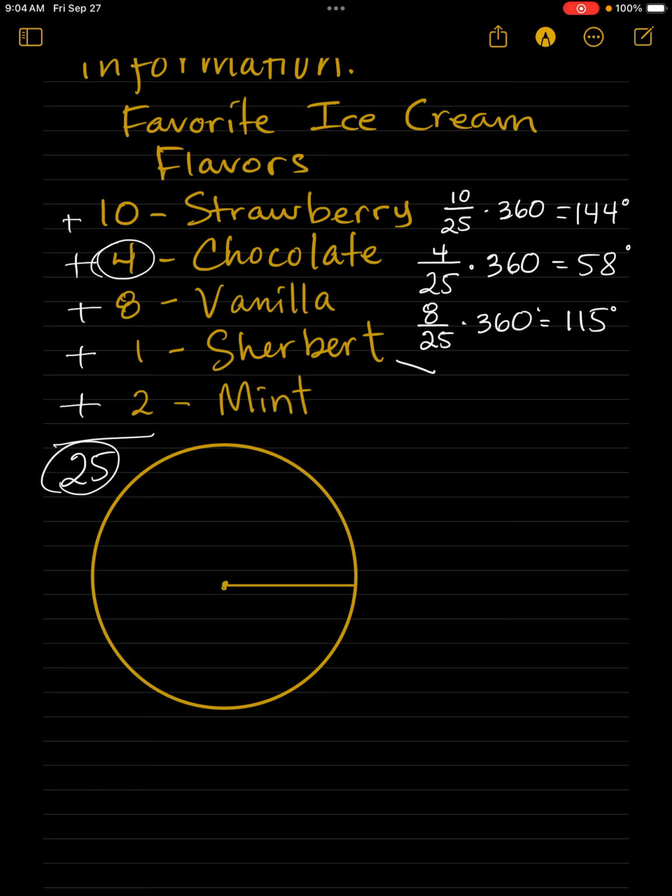The sherbet, only one person likes sherbet the best. And you can round off to the nearest degree if it doesn't come out evenly. And here, 2 over 25 times 360 degrees gives us 29 degrees approximately.